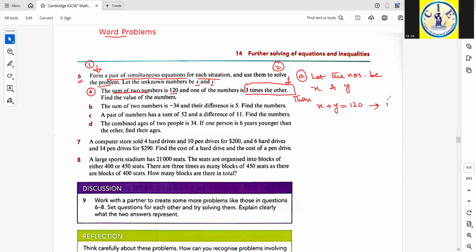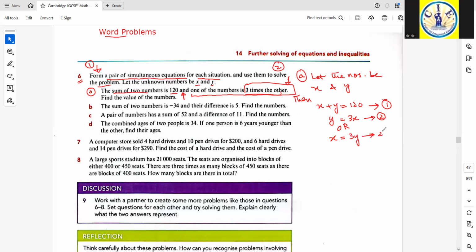So we have formed one of the two equations from the given condition. And now this is the second condition. One of the numbers is 3 times the other. So we can suppose that y is equal to 3 times the first number x, and that would be our equation number 2. Or equivalently, we can suppose that x is 3 times y.